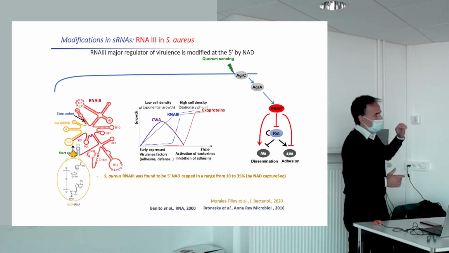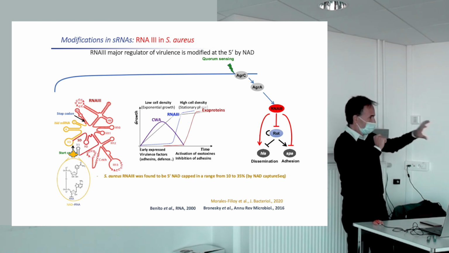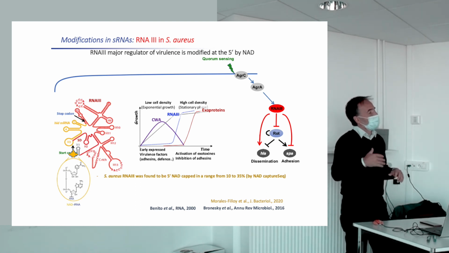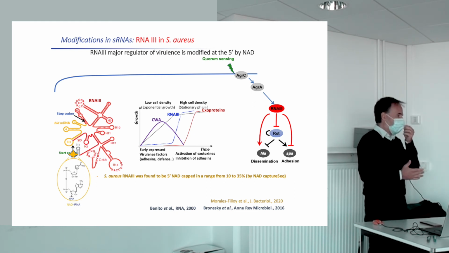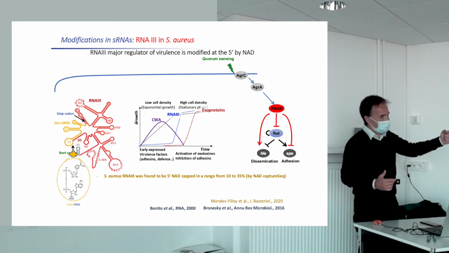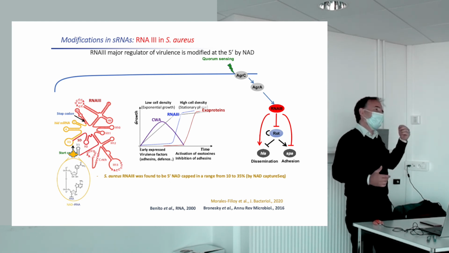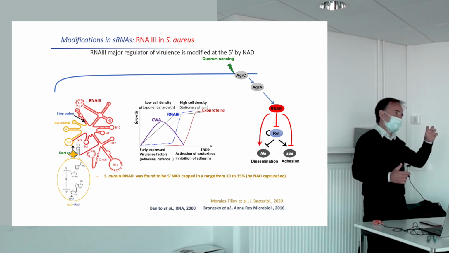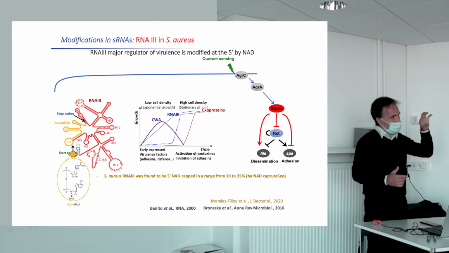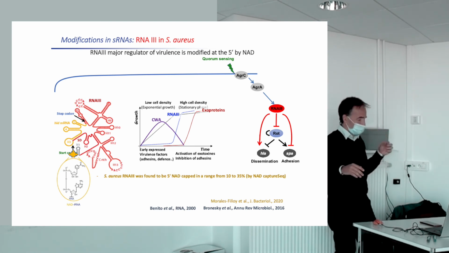So the presence of this NAD protects from degradation by the RNase E in gram-negative bacteria. In gram-positive bacteria, like Bacillus subtilis, we have other enzymes that are 5' to 3' exonucleases, the RNase J1 and J2. These enzymes are not able to destroy an RNA molecule if the molecule is protected by a NAD cap at the 5'. This is what we knew before.